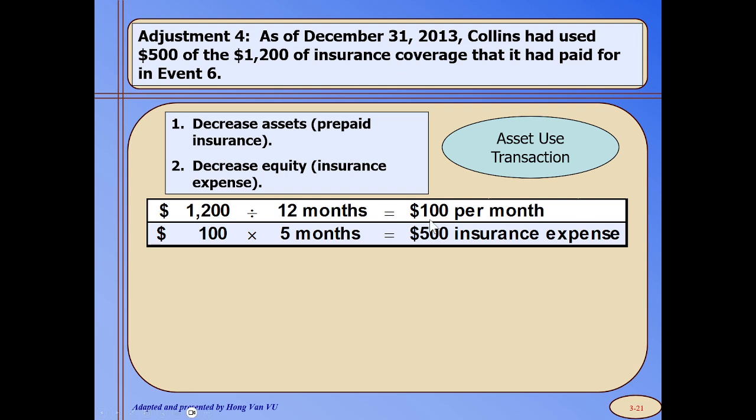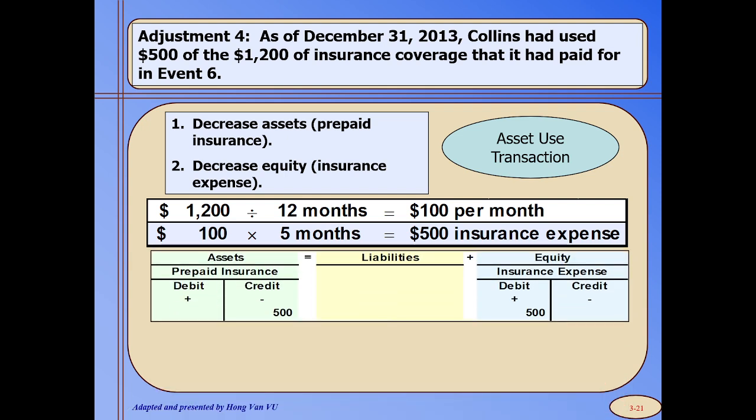The 500 of insurance expense used is calculated by dividing the 1,200 payment by 12 months and multiplying by 5 months that elapsed between August 1st and the end of December. The date of payment is August 1st.